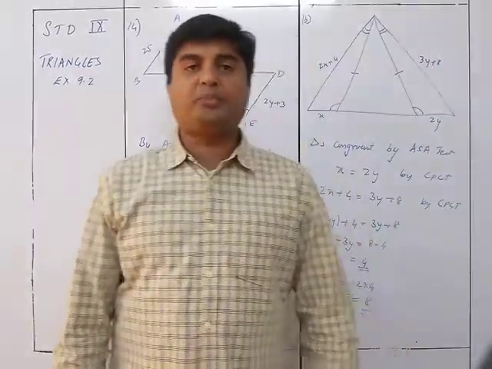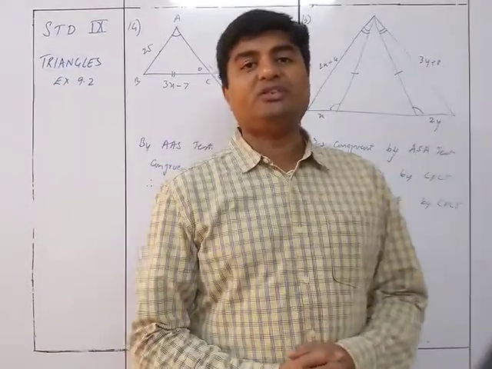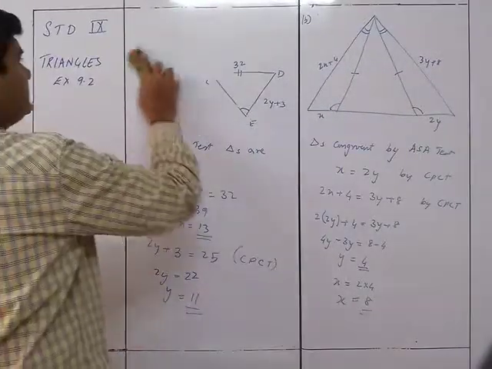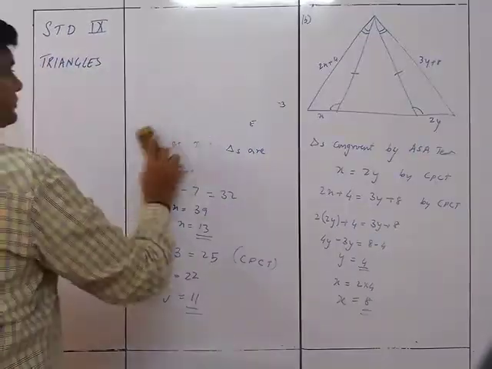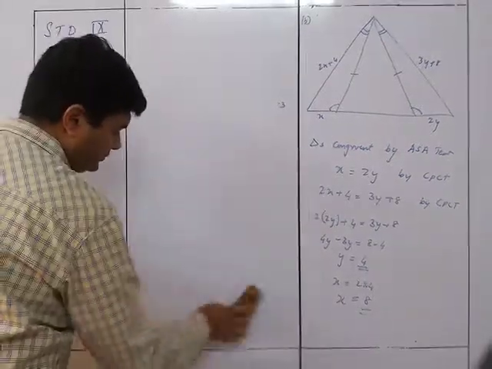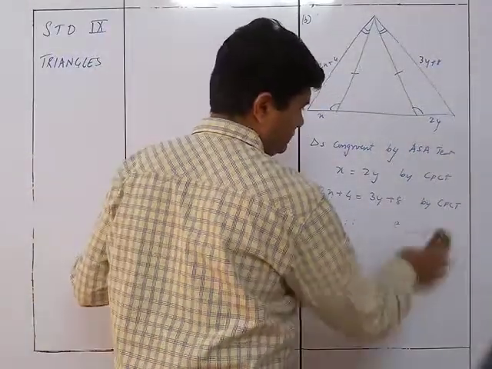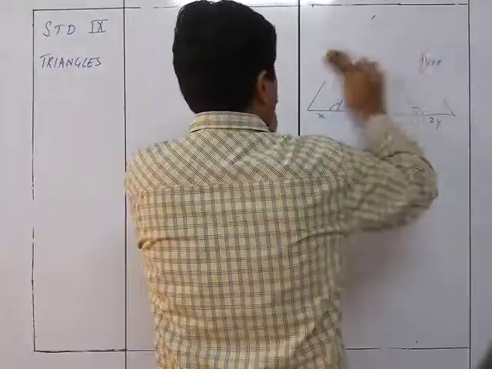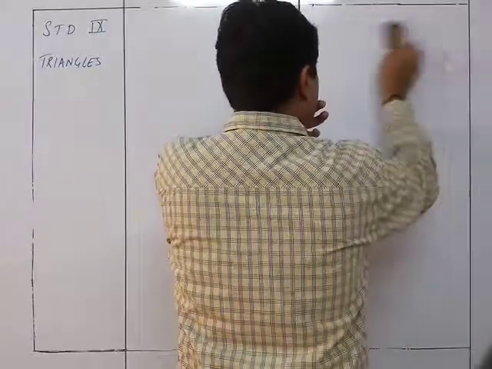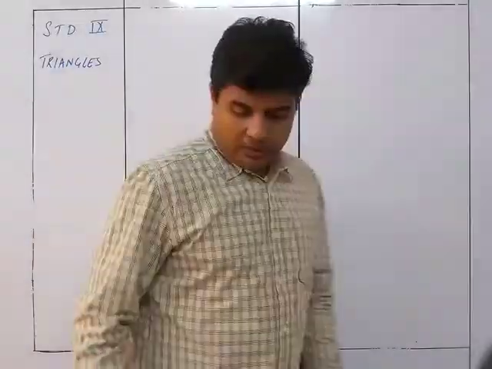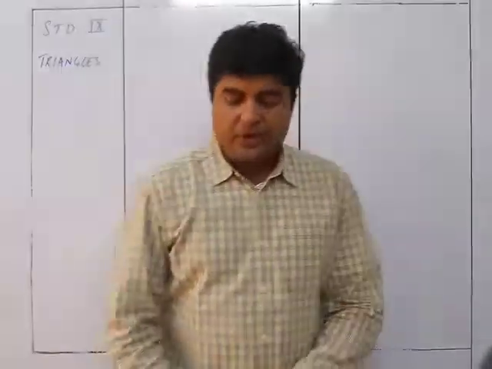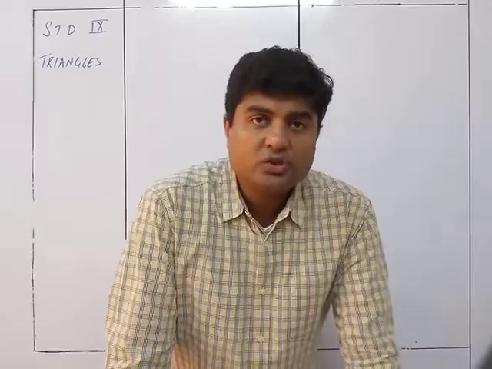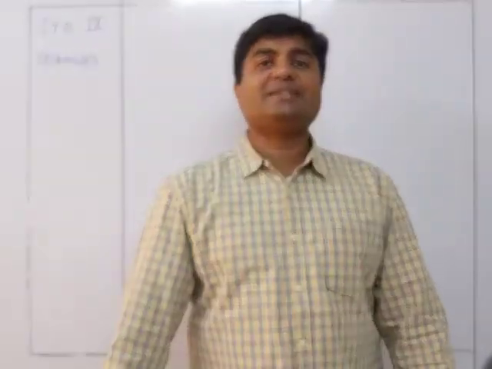Now we move to the next part of the chapter, which is based on isosceles triangles. So let's see this. Now, we already know that isosceles triangles are those triangles which have two of their sides equal.